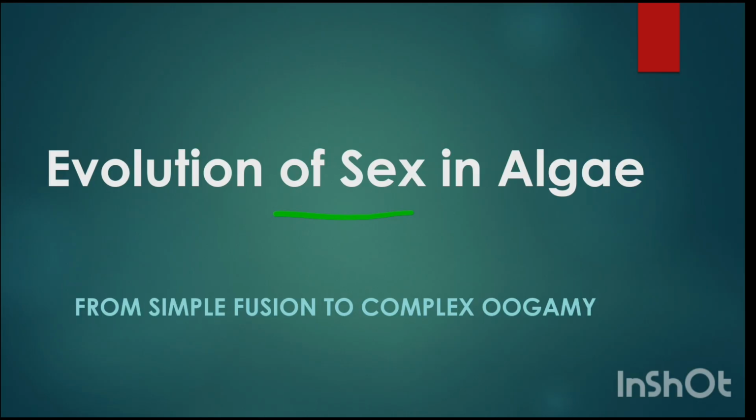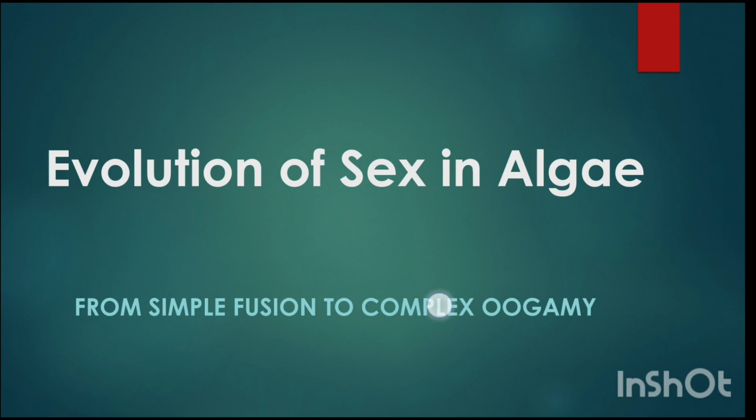Generally, some primitive algae show isogamy, then some advanced groups of algae show anisogamy, and finally oogamy. We will discuss the different types of reproduction one by one, and how they evolved from isogamy to finally oogamy.